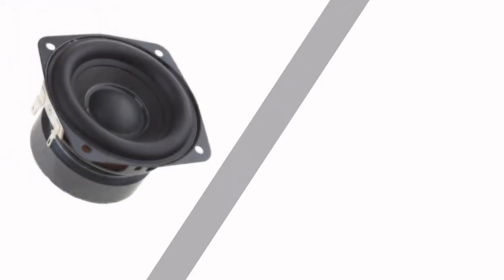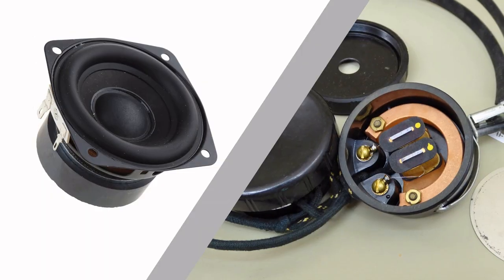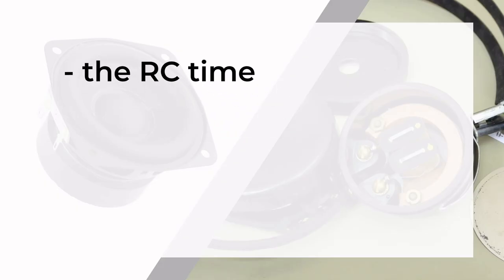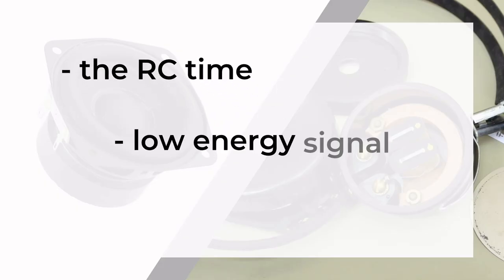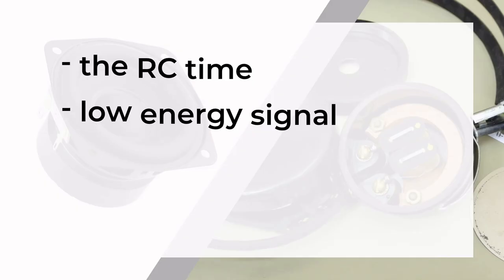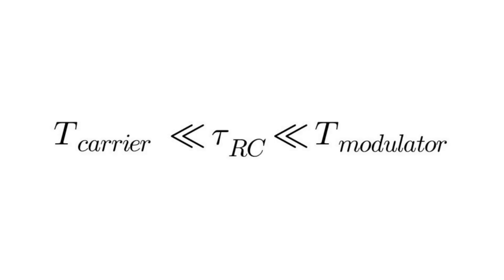And why doesn't it work with a modern 4 or 8 ohm speaker? Because the RC time constant must be long enough to follow the envelope. Because the detected signal level is very small and the low impedance load would absorb too much energy. The RC time constant is the most important topic in envelope detection. You can see this practical formula.